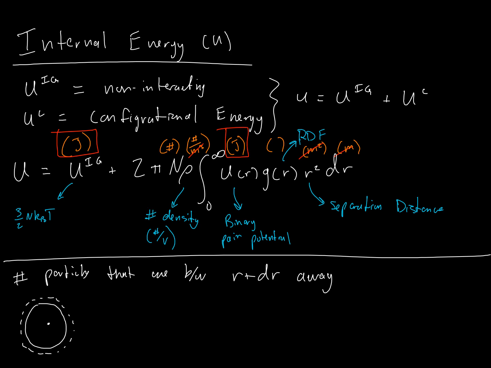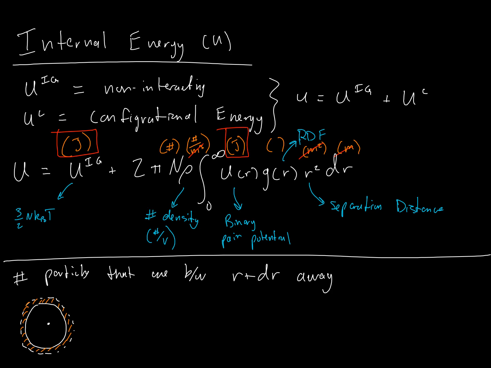So what the radial distribution function tells us is the average number of particles in this shell volume, normalized by the average bulk density of the fluid itself. After we go through these relationships, we'll go through an example of how we would calculate the radial distribution function.